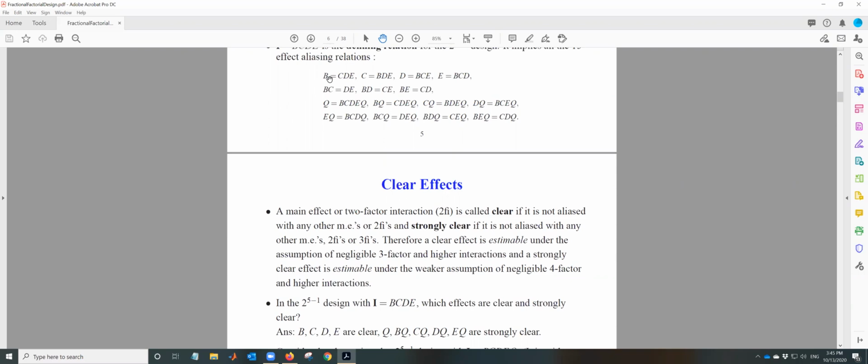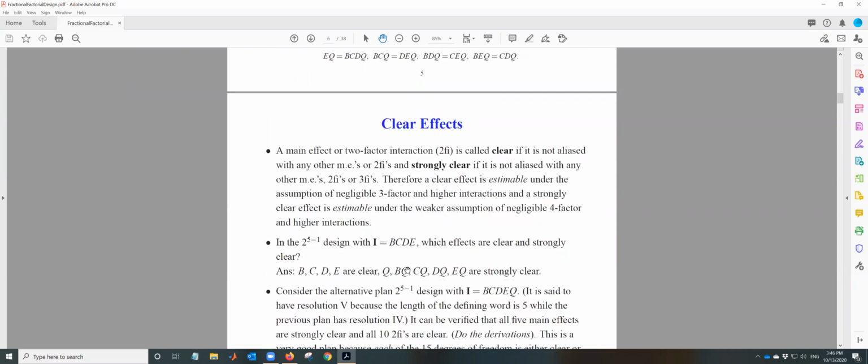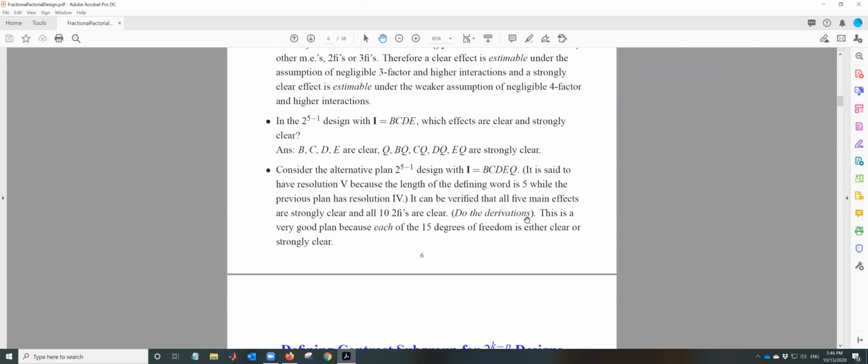They are not aliased with other main effects or 2-factor interactions. But if you look at Q, Q is only aliased with 5-factor interactions. They are not aliased with 3, right? So it's not aliased with any main effect, 2-factor interaction or 3-factor interaction. Same thing happens for BQ, CQ, DQ. So they are strongly clear.